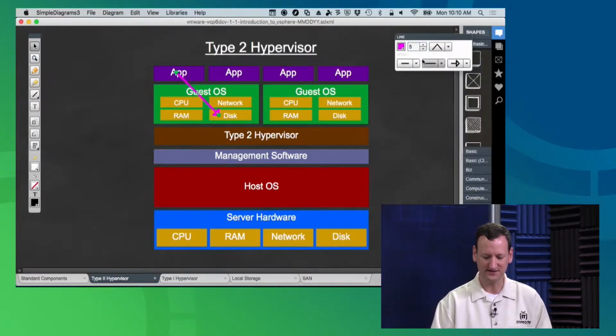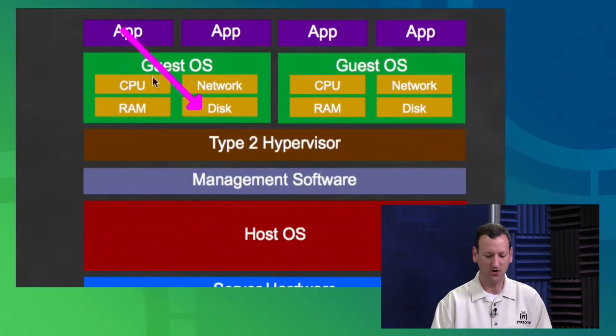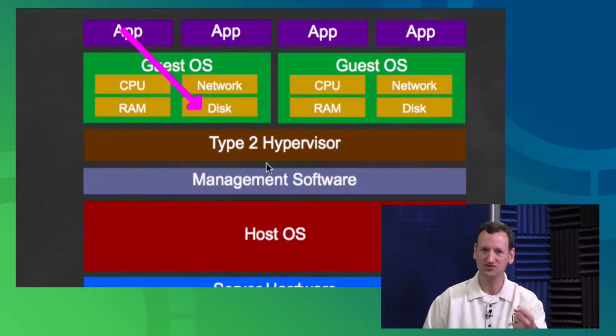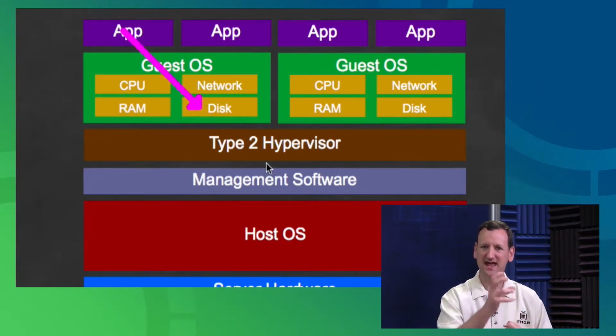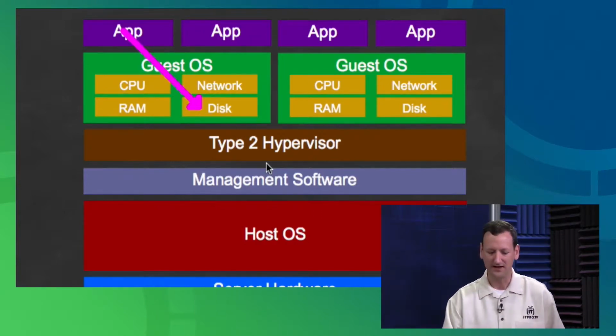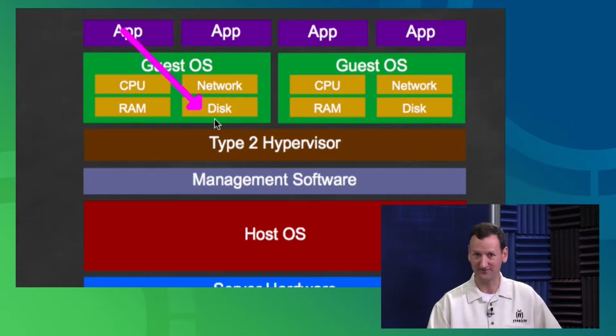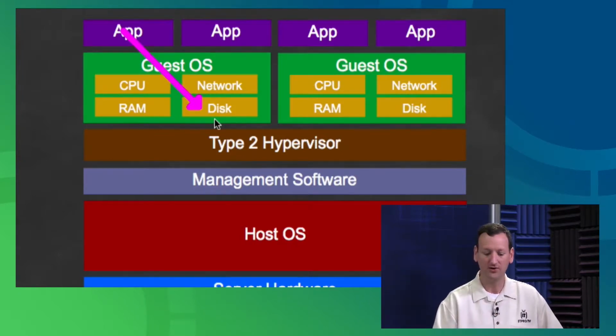So that call gets sent down to the fake disk. Our type 2 hypervisor has to intercept it and take that disk call and turn it into a real call. Now, our virtual machine might be seeing this disk as a SCSI drive or a SATA drive, but under the hood, we might have the opposite, right?